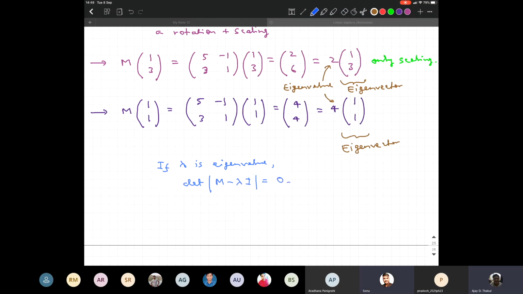Which is like the determinant of, or I can simply use the symbol, 5 minus lambda, 1 minus lambda.